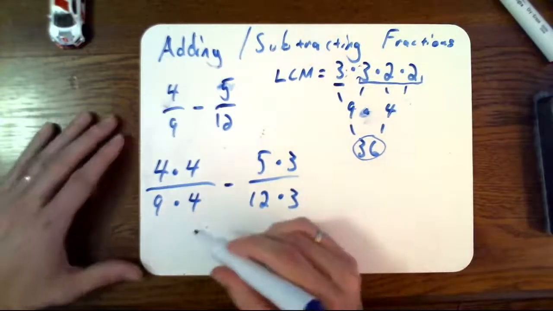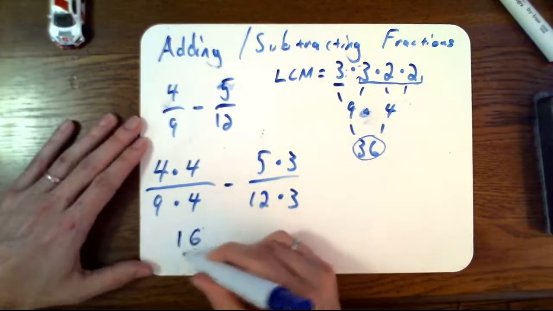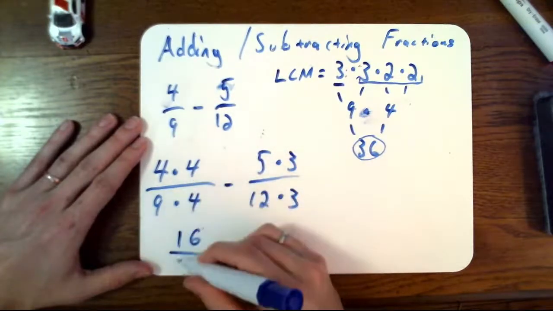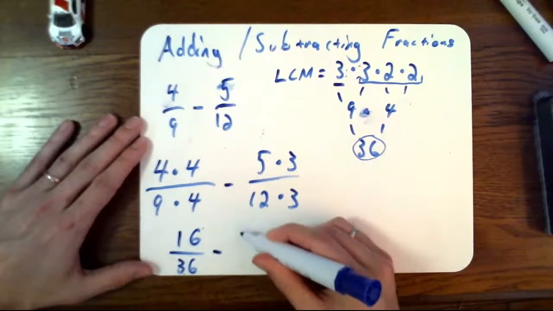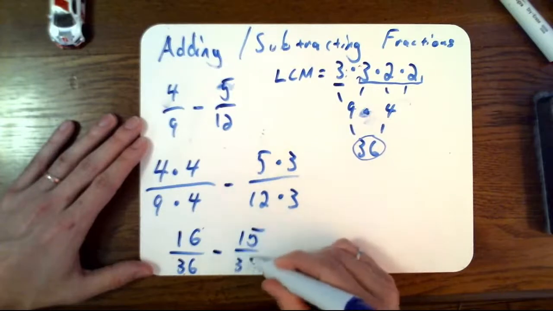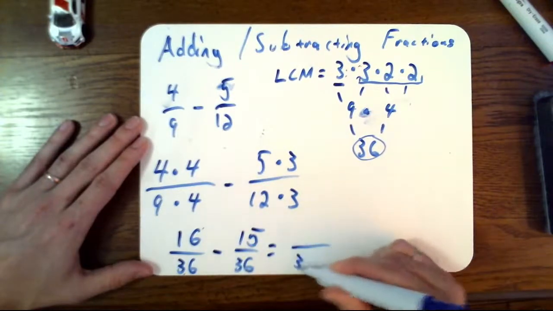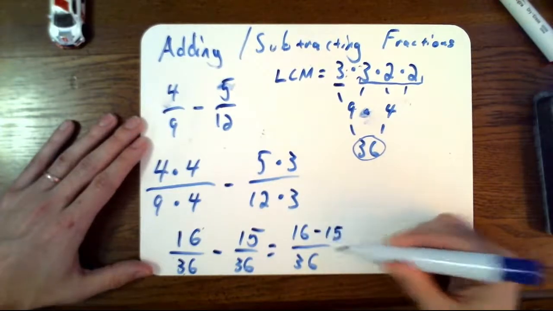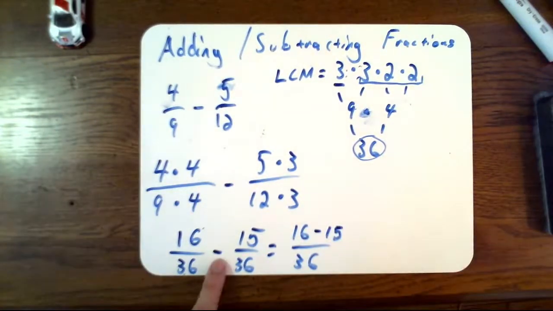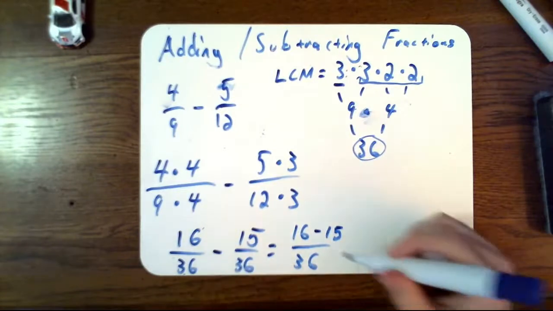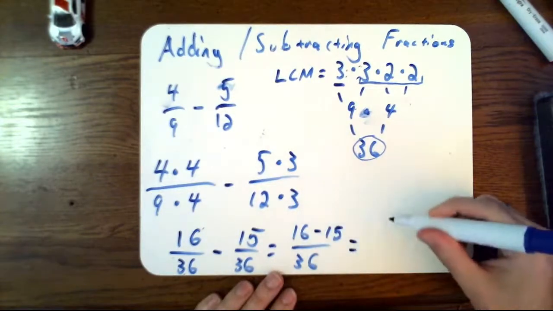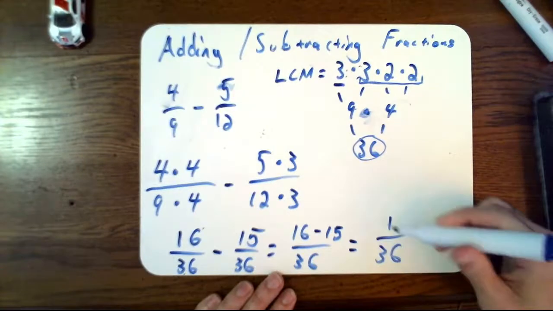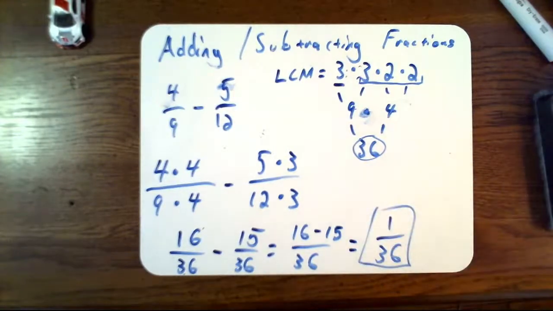And now 4 times 4 is 16, 9 times 4 is 36. That's 15 over 36. Now that they have the same denominator, you just combine the fractions using whatever operation you have here. This one's subtraction. 16 minus 15 is 1, and then you keep the denominator the same.